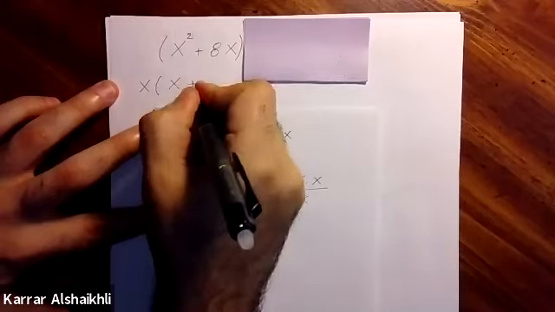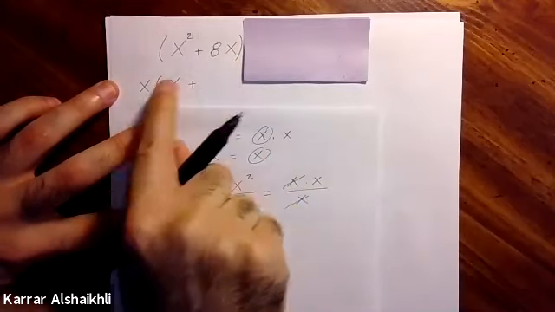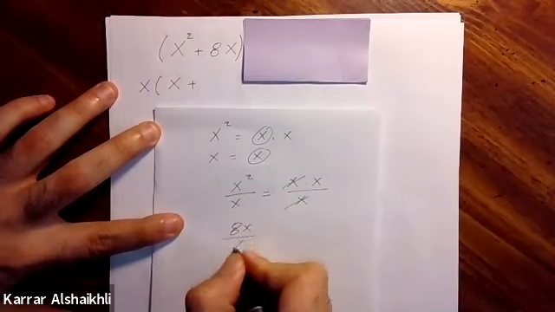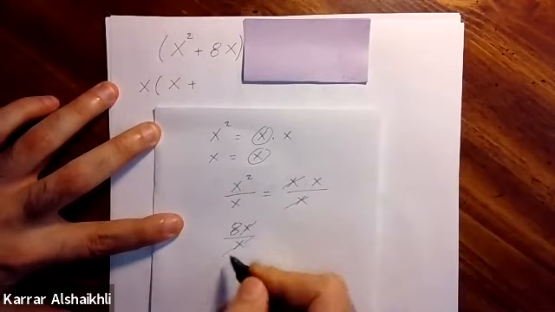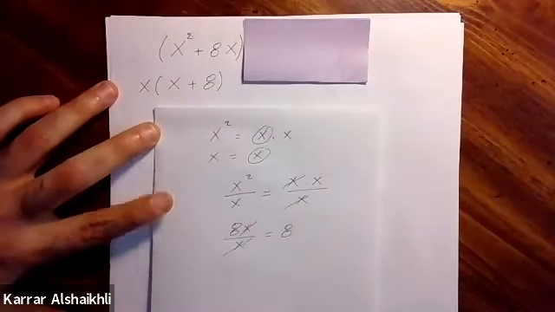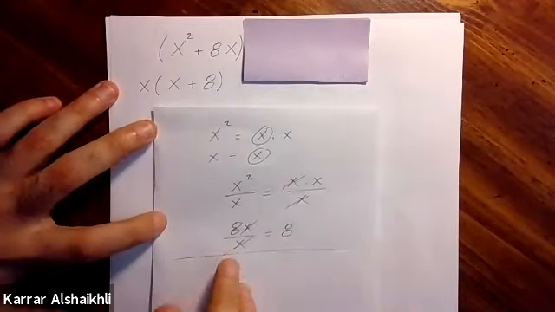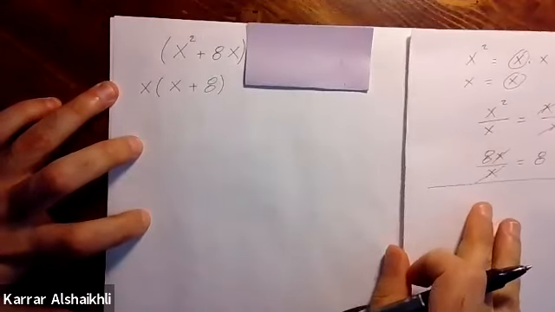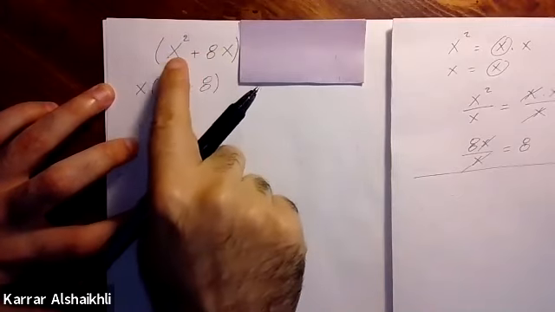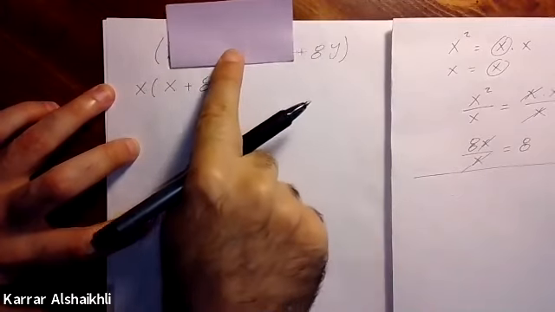Here is the plus. 8x divided by x. You're going to get 8, cancel the x. So plus 8. Close the parentheses. We're done from the first two terms, the first parentheses. So now I'm going to move this one here.